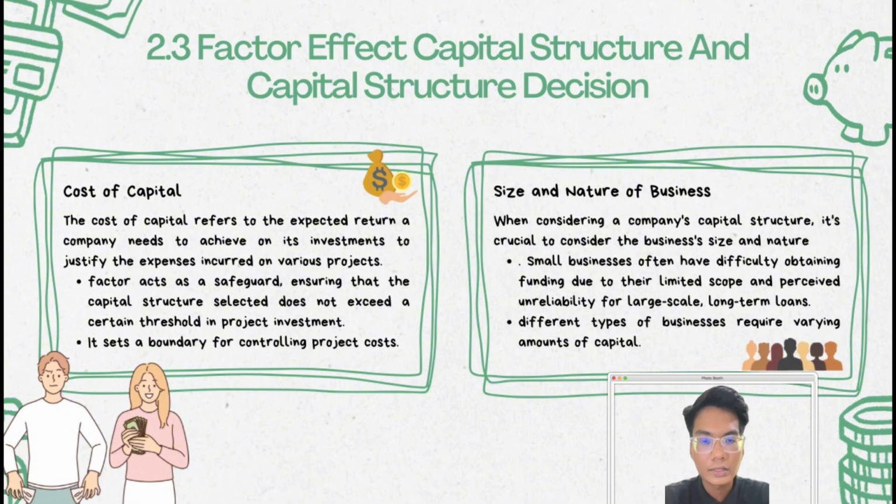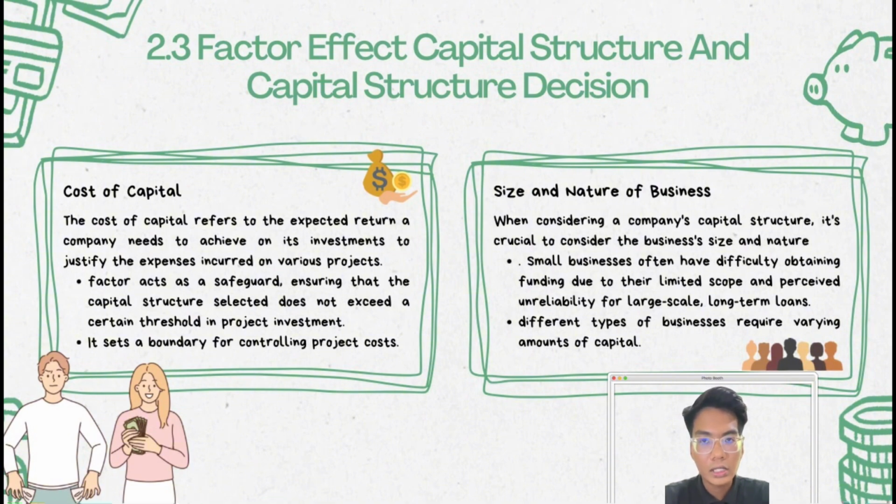Next is size and nature of a business. Maintaining an ideal capital structure is crucial for any business, and one important financial metric that offers a precise evaluation and insight is its debt to equity ratio. An increase in debt capital may impact the equilibrium of the ideal equity structure, which could affect a company's ability to obtain financial leverage and the credibility of its stakeholders.